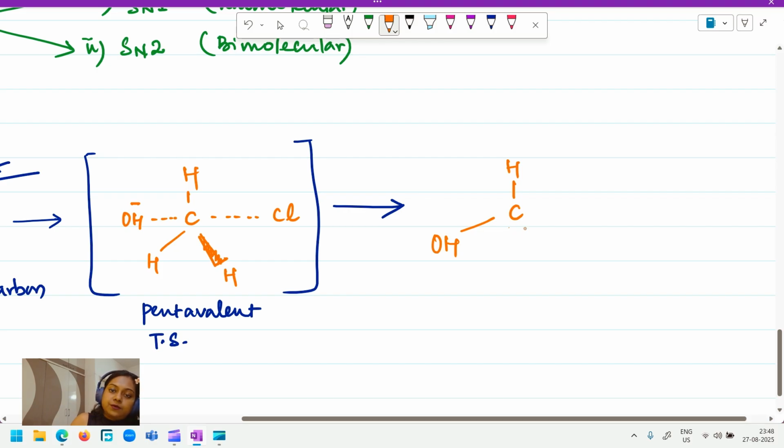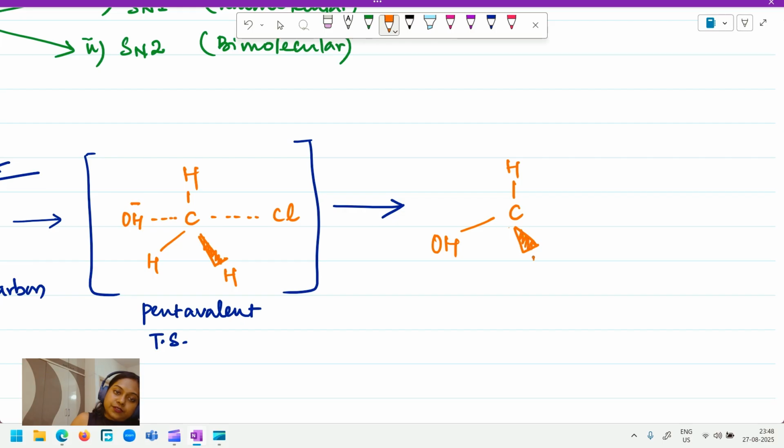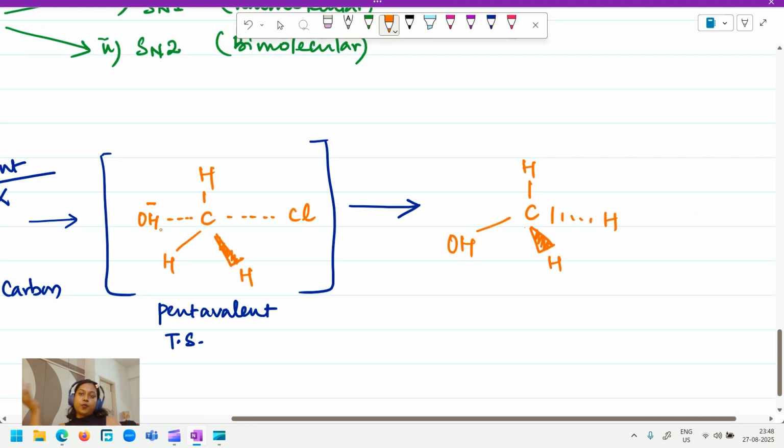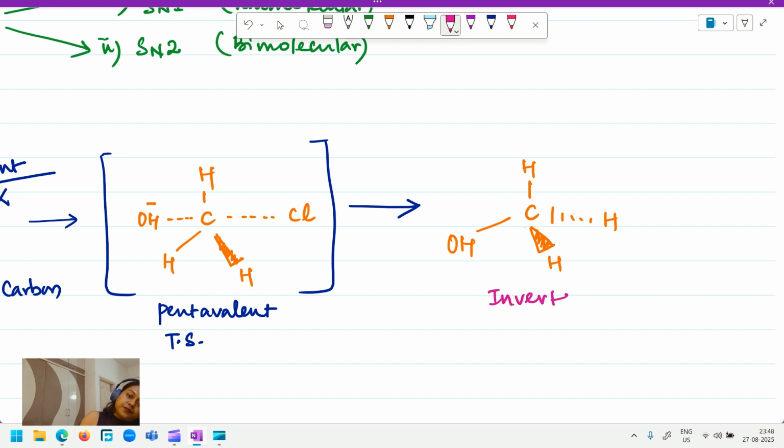Okay, so we see something like this where initially the position where the chlorine was gets swapped out and OH takes the opposite position to that. And this configuration that we obtain as a result is called inverted configuration, okay, or inverted product, right?